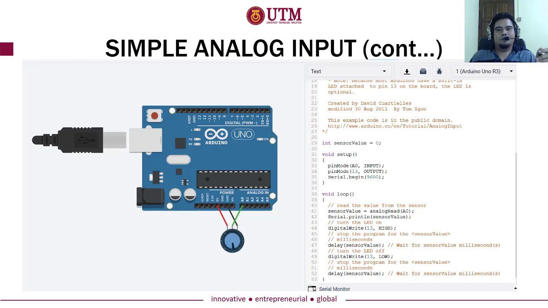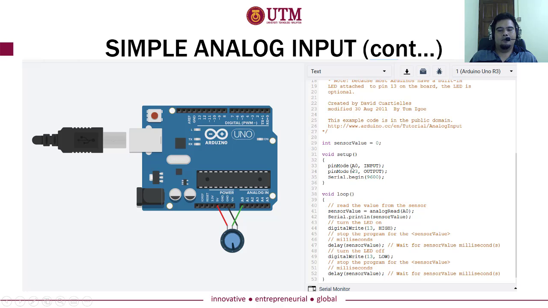Because we want to see the reading of this analog value, we need to print something here. If there is any change over here, it will keep printing the value. That's why we set this, for the purpose of utilizing the serial monitor.